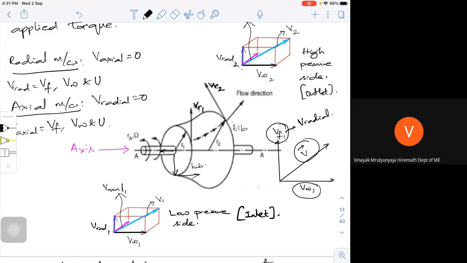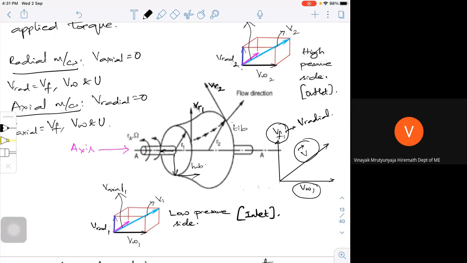Whatever may be the case, your tangential component is always tangent to the wheel. So if you're able to analyze these three components of velocity, you can easily draw the velocity triangles. This is the basis for everything.